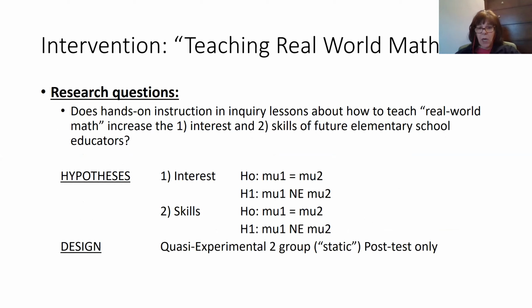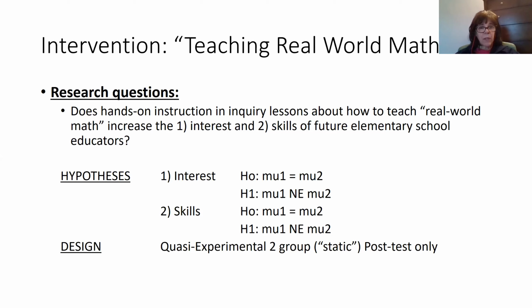The design is perhaps not what they would have wanted, but it's the design that they had to accept given the circumstances associated with field research. They're interested in pre-service teacher education, and they go where it is, and they have to make certain accommodations for the access to the teachers.